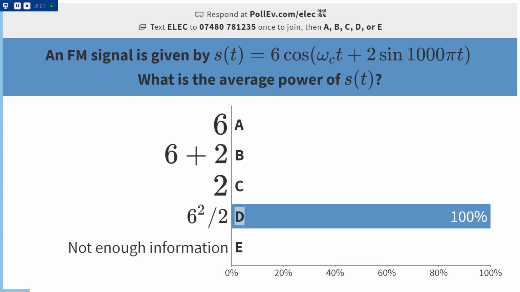It's part of that phase. My question is, what's the power? Should I be looking at the 6? Should I be looking at the 2? Should I be looking at omega c or at 1000 pi? We should be looking only at the 6. So the power is proportional to that 6 squared. So it's 6 squared divided by 2. Well done.